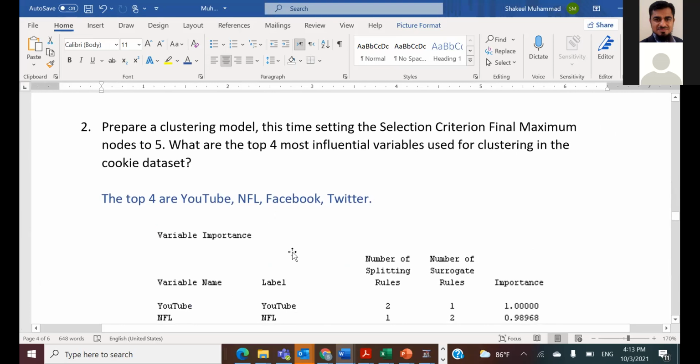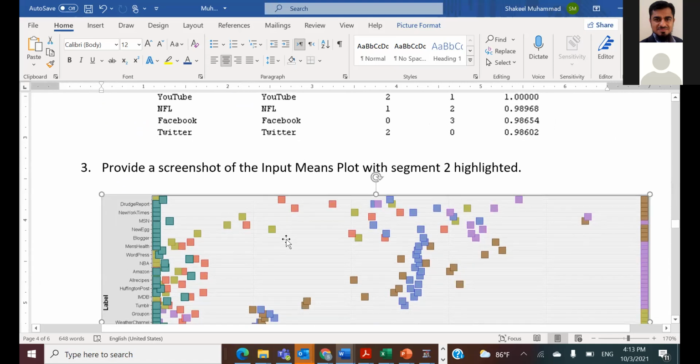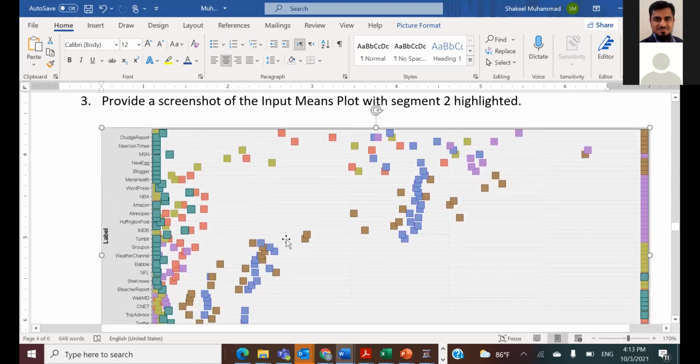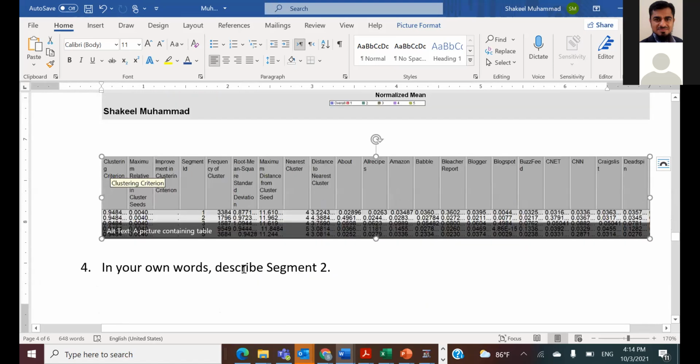Top 4 are YouTube, NFL, Facebook, Twitter. Then a screenshot of the input means with this segment 2 highlighted. I put this one. I'm not sure if it's required. Is it required to put this one as well, or I should remove it?